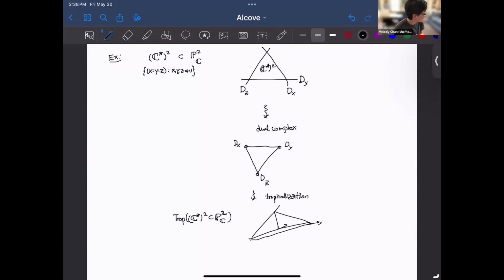Roughly speaking, on this slide I gave you an example of a compactification of a torus. And perhaps some of you are familiar with the machinery of toric geometry in general, which gives you a way to put in the data of a rational polyhedral fan, and if you put in a complete fan, you get out a compactification of a torus.